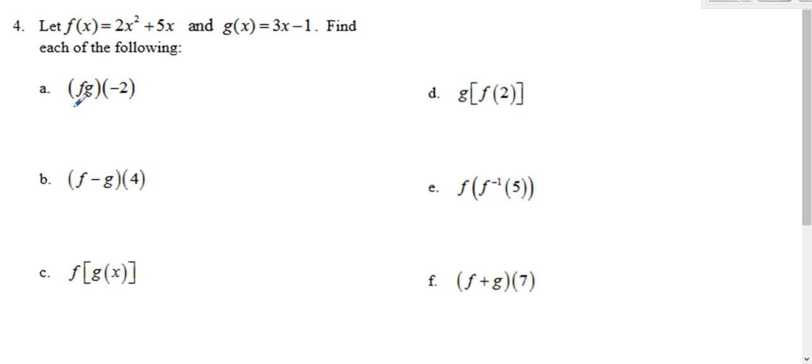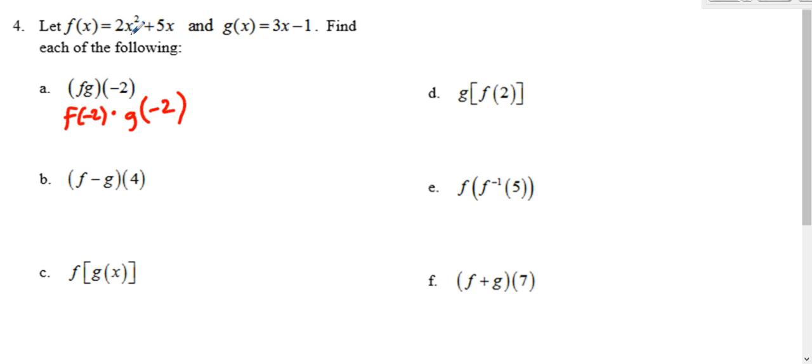So for all of these combining functions, this is f times g for the first one, a. You can take whatever f of -2 is, whatever you get when you plug in -2 to f, and multiply by whatever you get when you plug -2 into g.